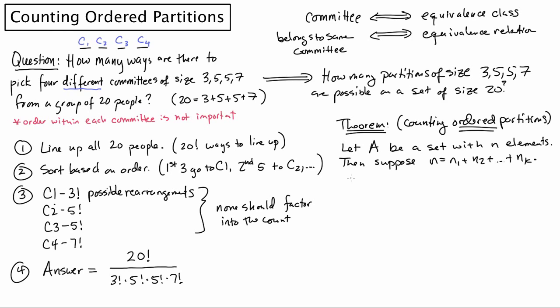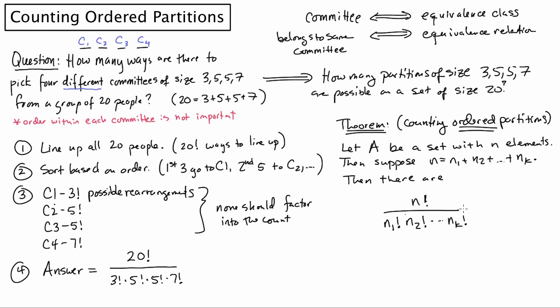So if that's the case, then what we have is that there are n factorial divided by n1 factorial, n2 factorial times all the way down to n sub k factorial.